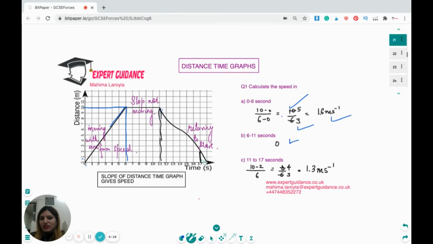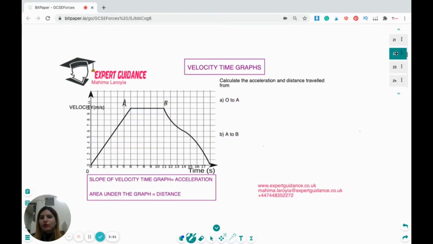Now from 11 to 17 seconds, we can assume this to be an ideally straight line, and we can work out the gradient by doing 10 minus 2 over the 11 minus 7, which is minus 6. So it will come out to be 1.3 meters per second. Okay, so it is slowing down with the speed of 1.3 meters per second. Okay, so I hope this distance time graph is clear to you.